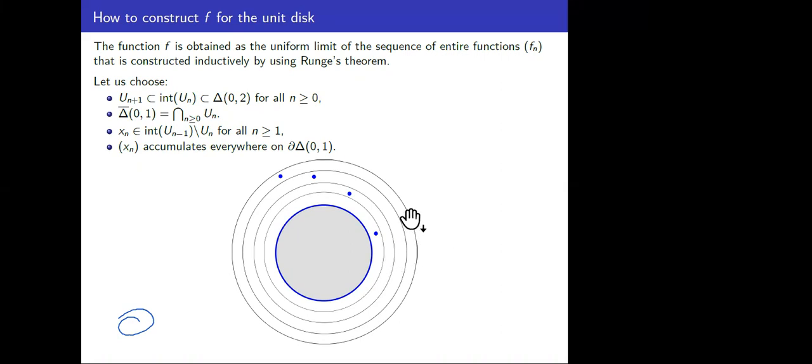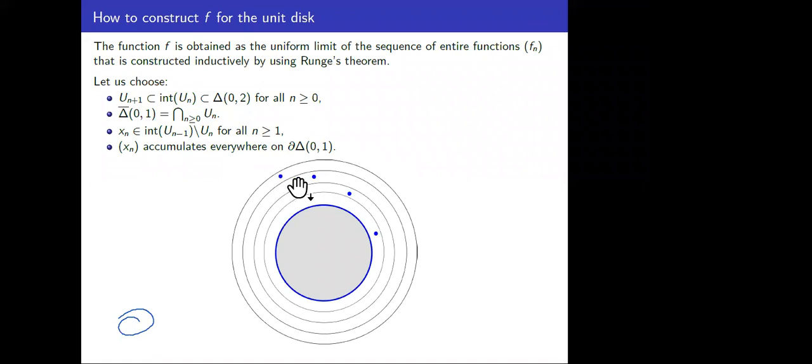The outer one is going to be a disk of radius 2, and then disks of radius something less, so that these disks satisfy the following properties. Each one is contained in the interior of the previous one, and their intersection is the closed unit disk. They are getting smaller and smaller, shrinking, and in the limit they are the unit disk.